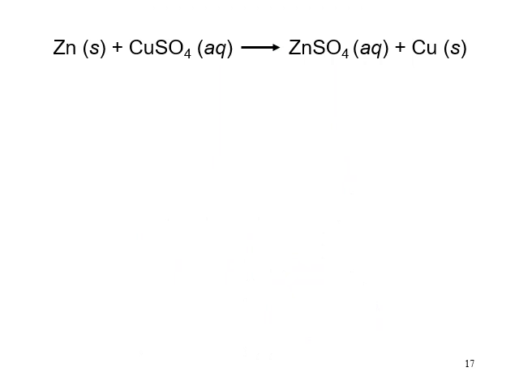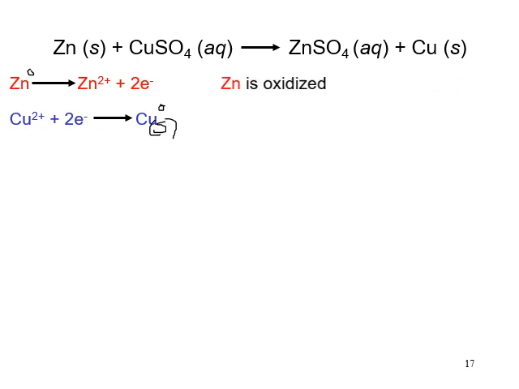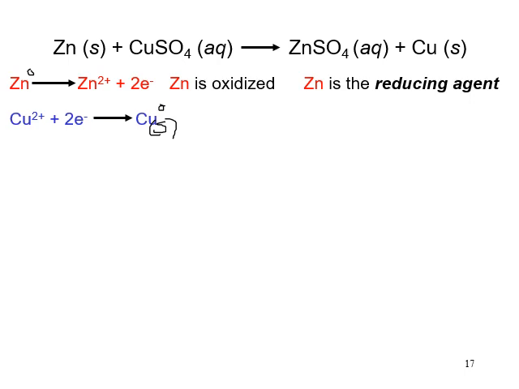Now, is this a redox reaction? If I put zinc down in a copper sulfate solution, what would I see? I would see zinc going into solution from zinc metal to zinc 2+, and I would see copper coming out of solution, copper 2+ to copper 0. So I would see copper metal grow on the surface of the zinc. Zinc being oxidized, and zinc is now called the reducing agent.